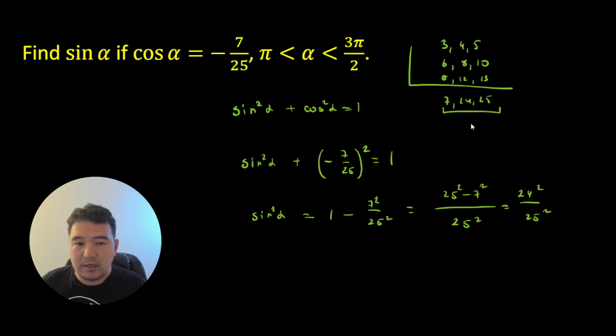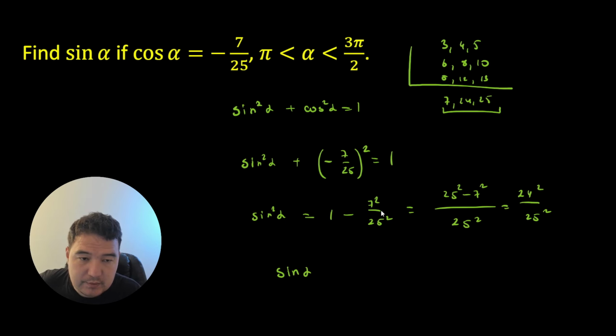These are very common ones, so you probably should know this at this point of your mathematical journey. I don't need to take the square and multiply, writing the square of 24 here and 25 here. I just want to take the square root of this and this one. So sine alpha is plus or minus 24 over 25.